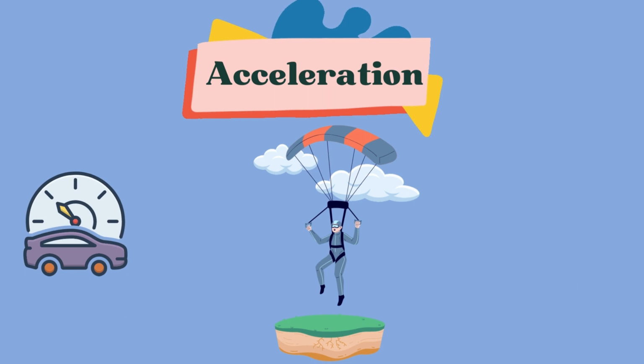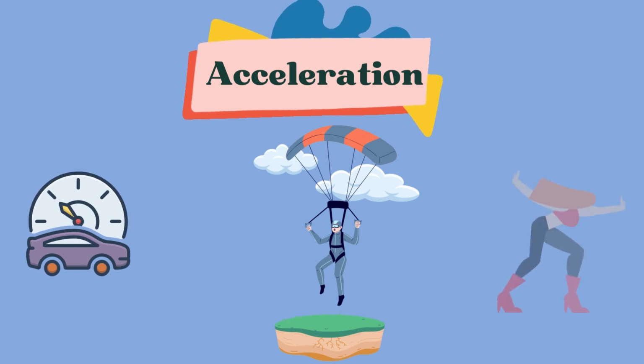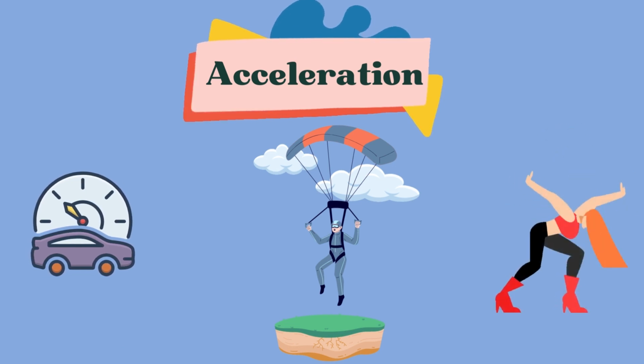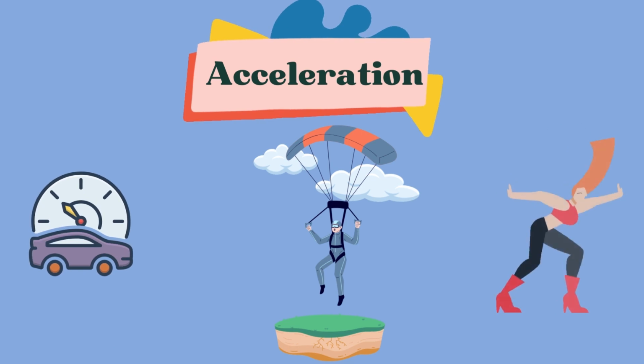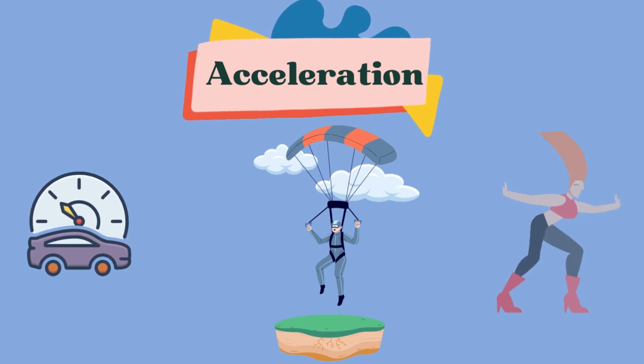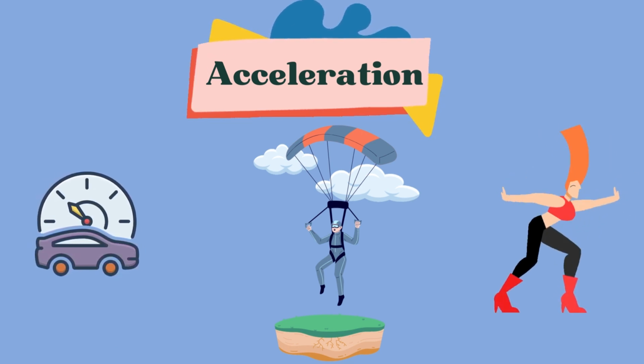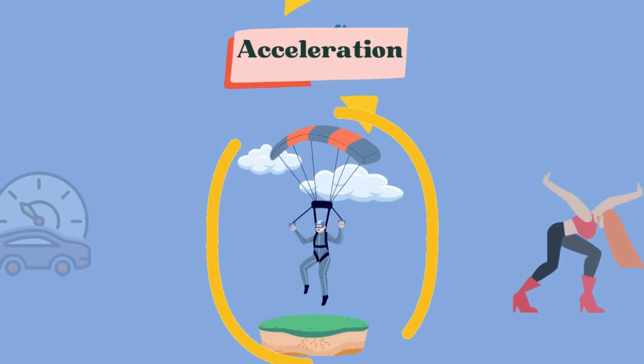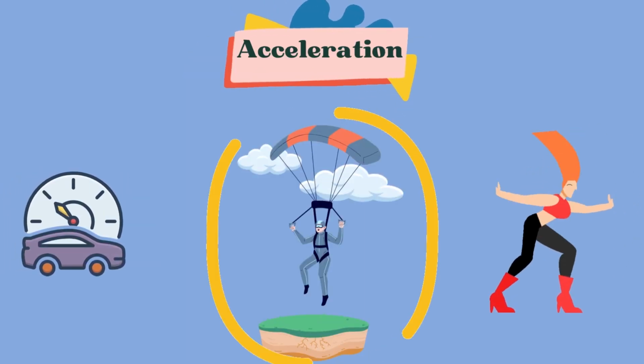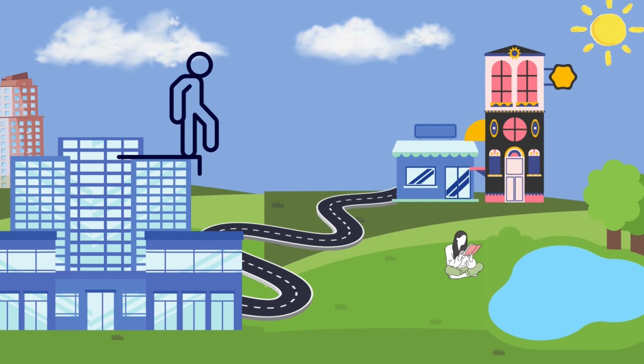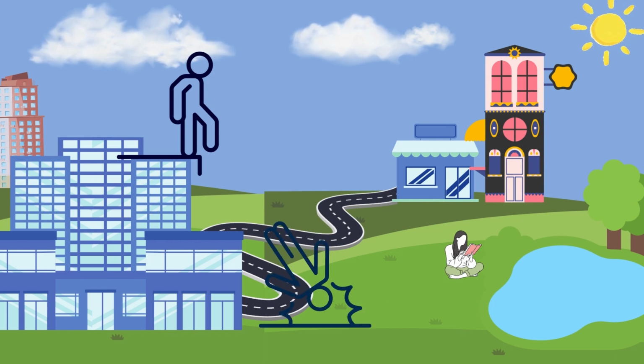Another type of acceleration is centripetal acceleration. Any object that's going round and round is going to experience centripetal acceleration, pointing towards the center of that circular path. For this video, let's focus on gravitational acceleration, the one that kills us, right? The gravitational force kills us.